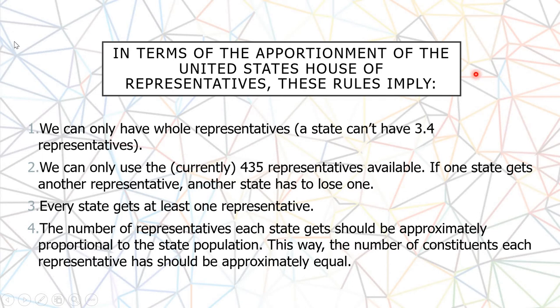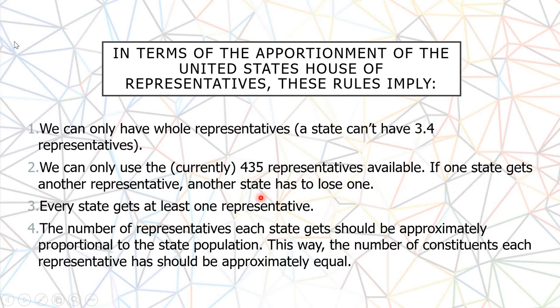In terms of the apportionment of the United States House of Representatives, these rules imply: first, we can only have whole representatives. Of course, you cannot have a half person or a one-fourth person. That's why we have to be very careful with the use of decimals. We can only use the 435 representatives available in the United States.